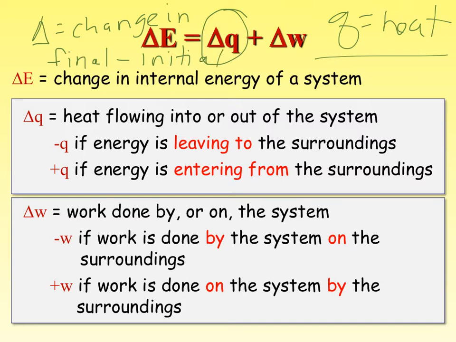So if we start out with 100 joules of heat and it becomes 200 joules of heat, your change is 200 minus 100, or 100 joules. It's important to remember that it's always final versus initial, because what if you start out with 100 and then you go to 0 joules? Then your change would be negative 100. But delta is always your final minus your initial.